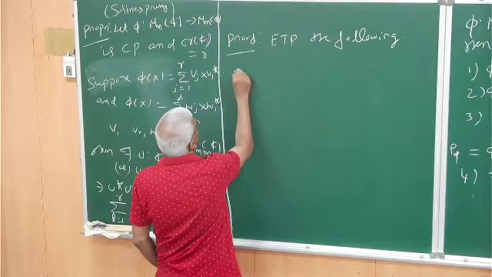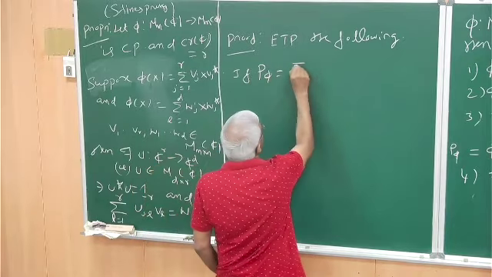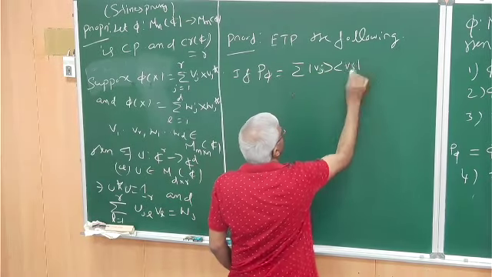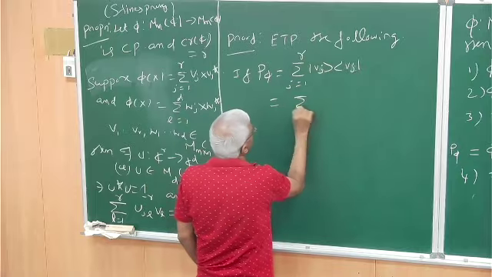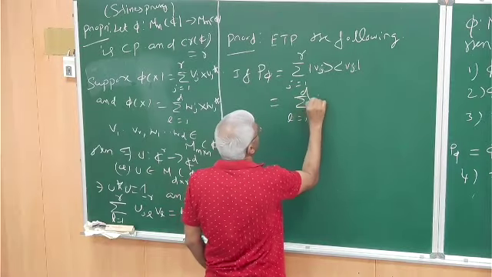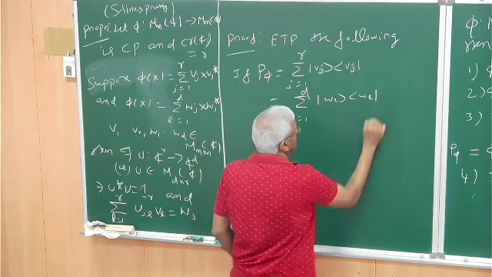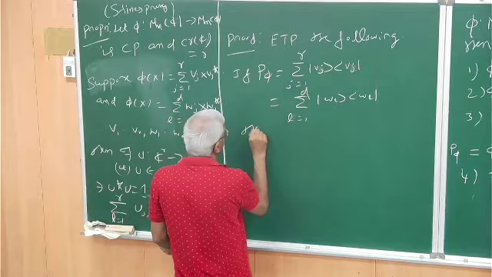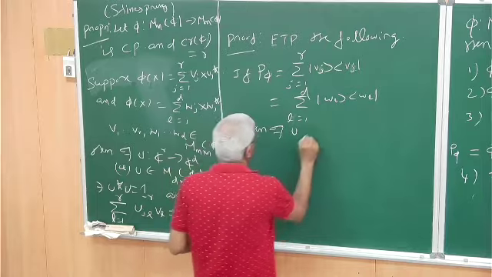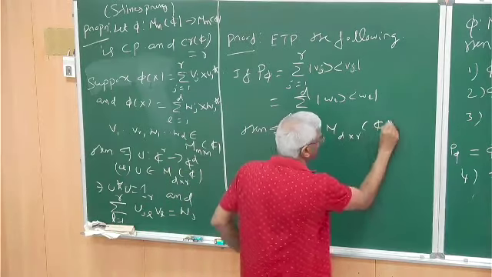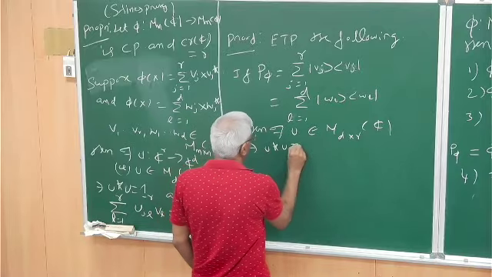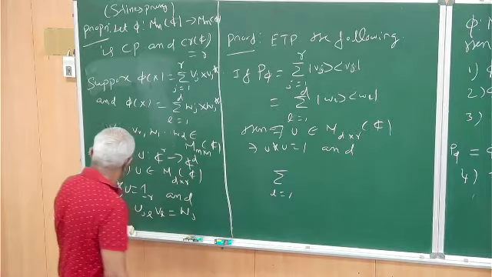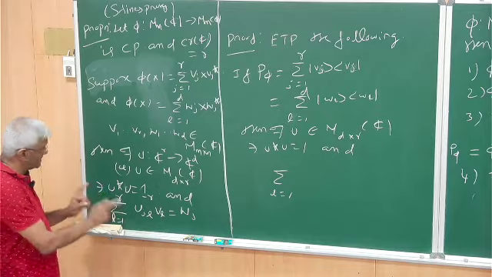If P phi equals the summation over j equal to 1 to R of Vj Vj star, and also equals the summation over L equal to 1 to D of WL WL star, that is, suppose we have two representations of this P phi, then there exists a U in M_{D cross R}(C) such that U star U equals 1 and the summation over j equal to 1 to R of U_{Lj} Vj is equal to WL.